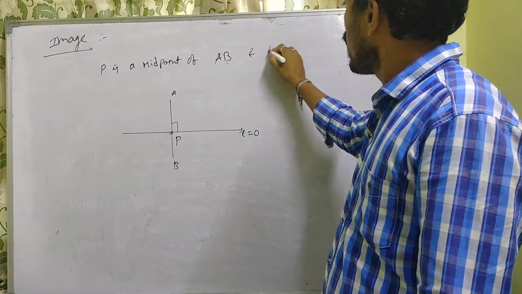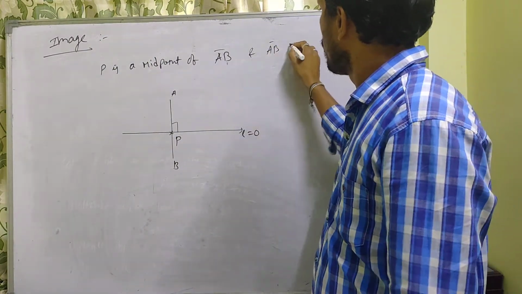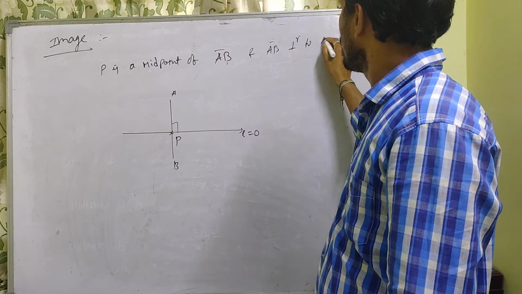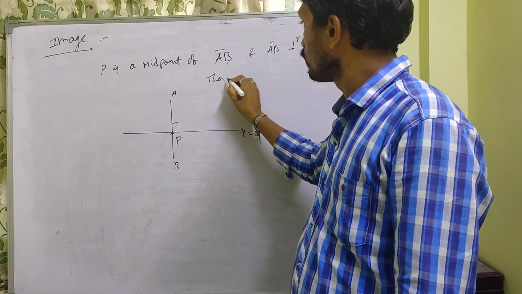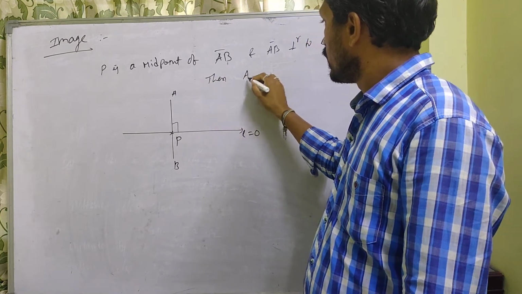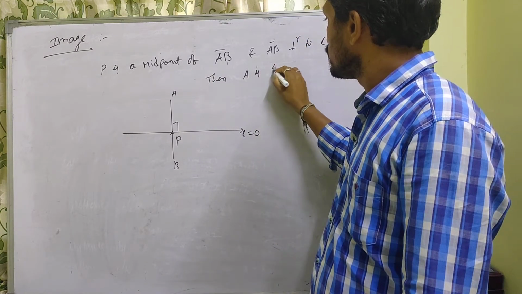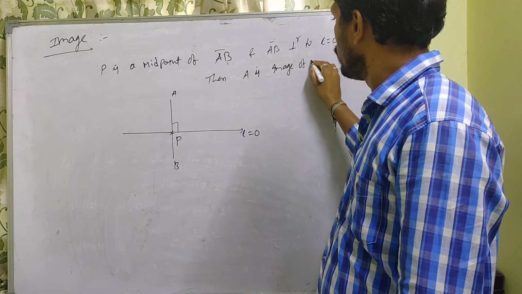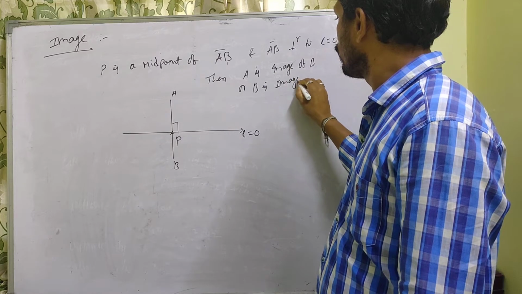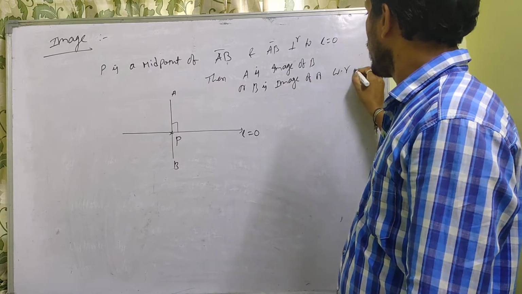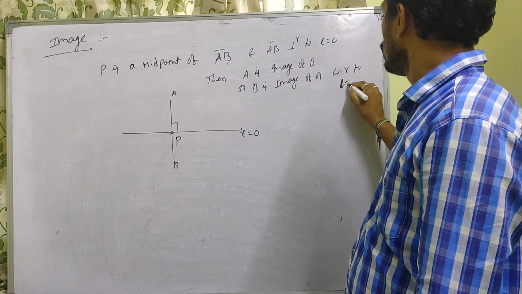So AB is perpendicular to L equal to 0. Then A is the image of B or B is the image of A with respect to L equal to 0.